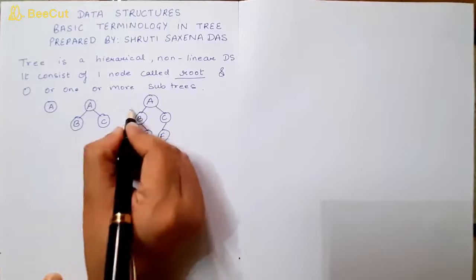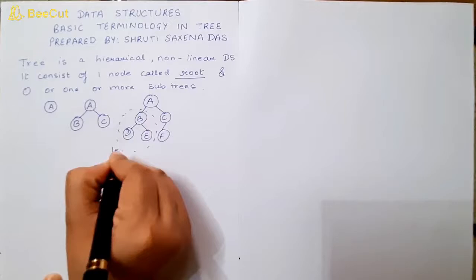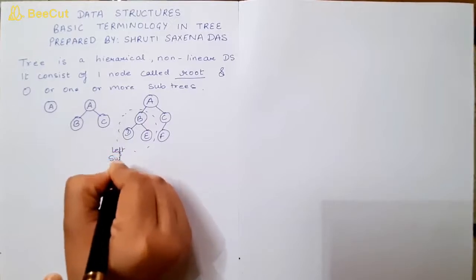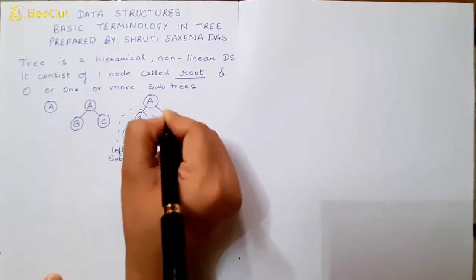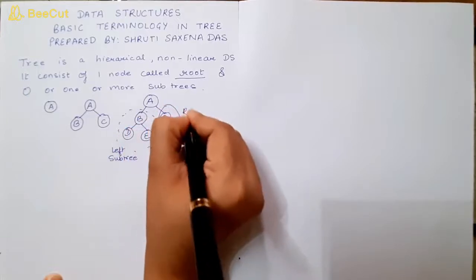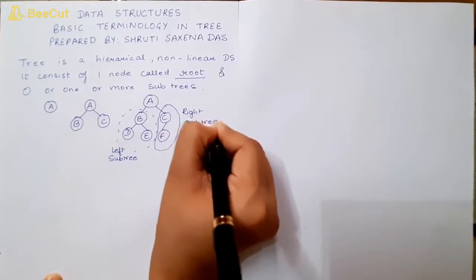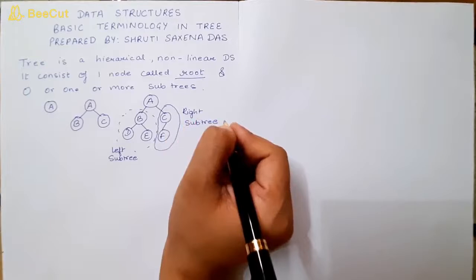This part is your left subtree, and this part, C and F, is your right subtree.